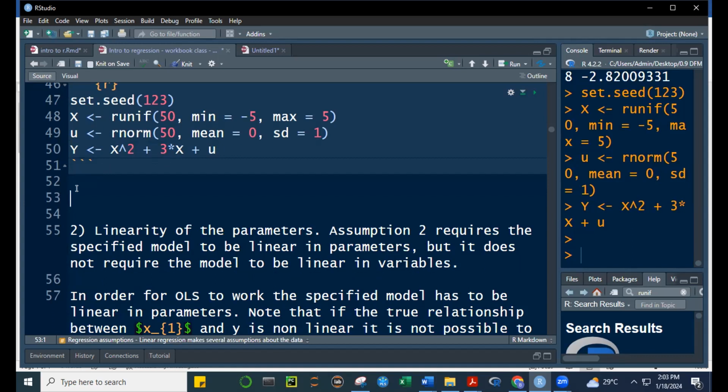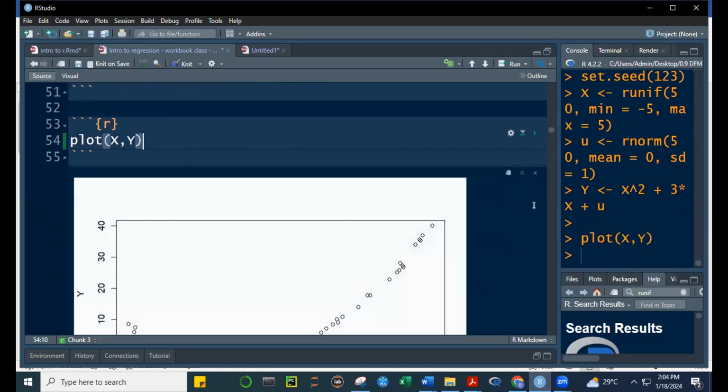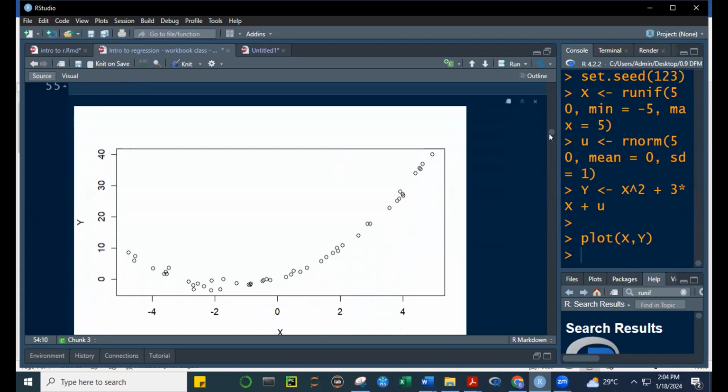All right. So I'm going now to mag-model. I-plot muna natin, class. Control Alt I. Okay. Let's plot. So i-plot natin si x tapos si y. And let's see. Okay.